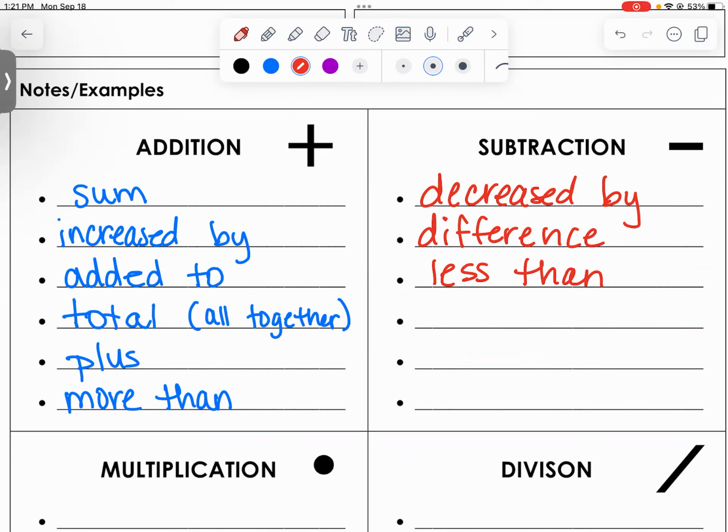Peyton? Minus. Okay, subtract. So I'm going to write subtracted from.